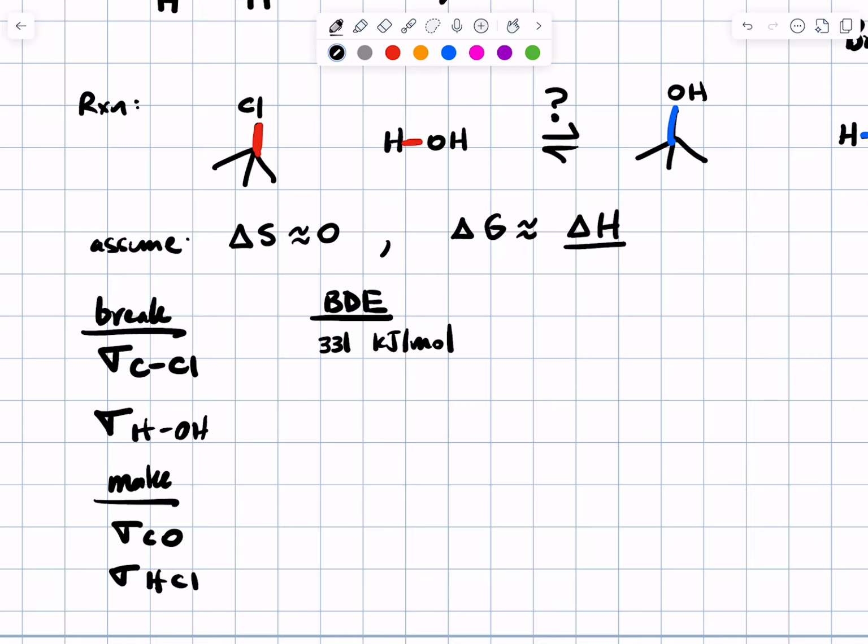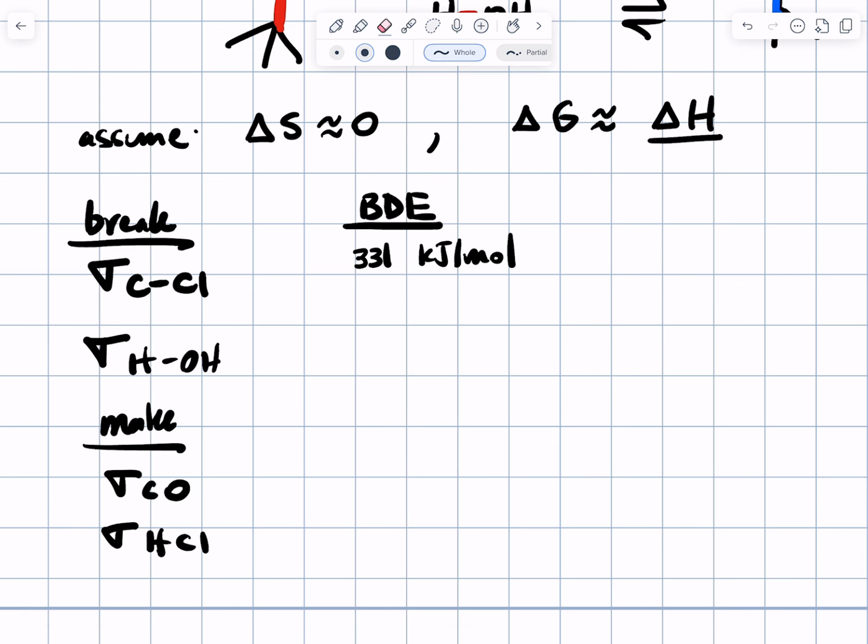I prefer kcals, but these numbers are from the table, and I didn't bother to convert them into kcals because I was lazy. But again, it's about a 1-to-4 relationship between a kcal and a kilojoule. Okay, breaking of the hydrogen-oxygen bond is 498 kilojoules per mole. And again, those are positive numbers because breaking bonds is always uphill in energy.